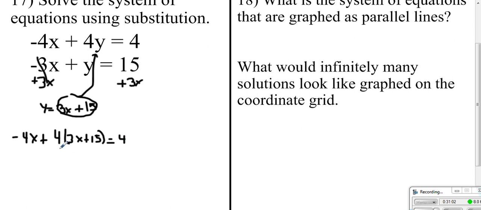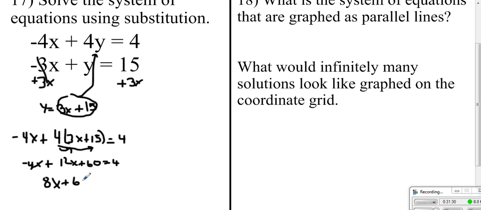So now you have to deal with distributive property. That's 12x. And 4 times 15 is 60. Bring down the equals 4. And bring down the negative 4x. Negative 4x and 12x, you have to combine like terms. That's 8x.